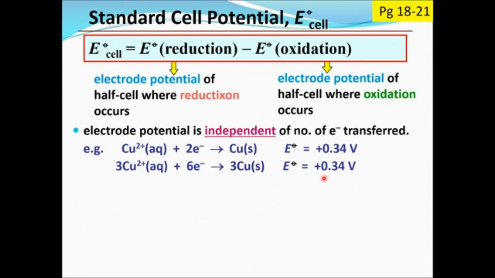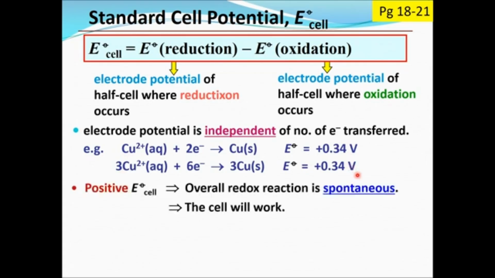So do not go and increase this by multiplying by 3; we'll still use the value as it is. Regardless of your balanced equation, how many more electrons transferred, how many moles, we will still substitute the same value. So we take a look at this example with the case of copper and aluminium in a while. Before I move on, a positive cell potential overall is spontaneous.